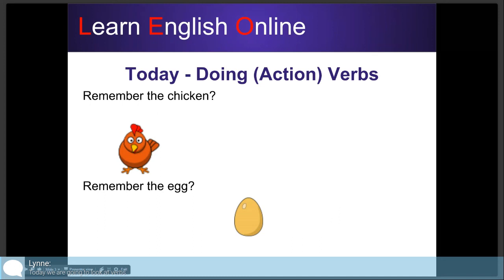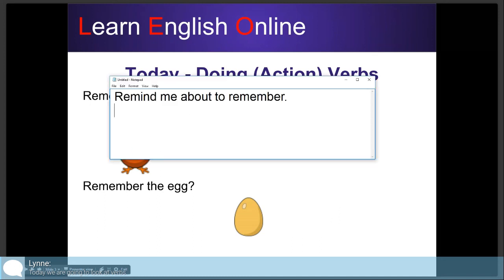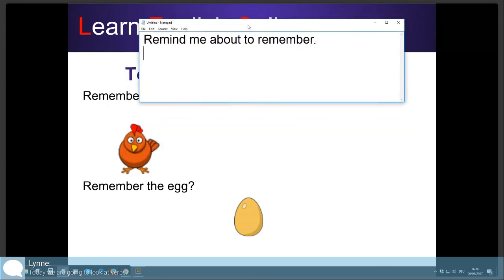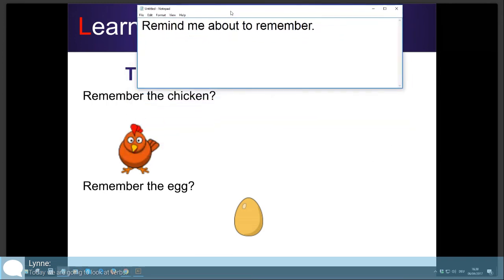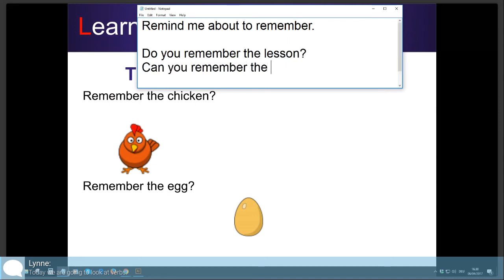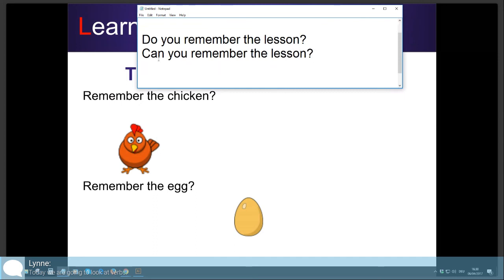And remember is another verb, a really important verb. To remind is a verb, okay? So, do you remember the lesson? Can you remember the lesson? Okay. Can is ability. Do, action verb. Okay.